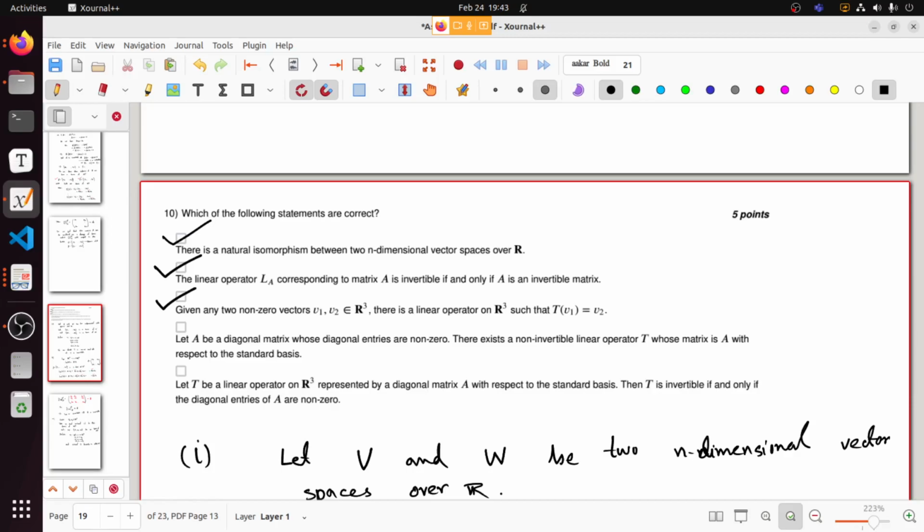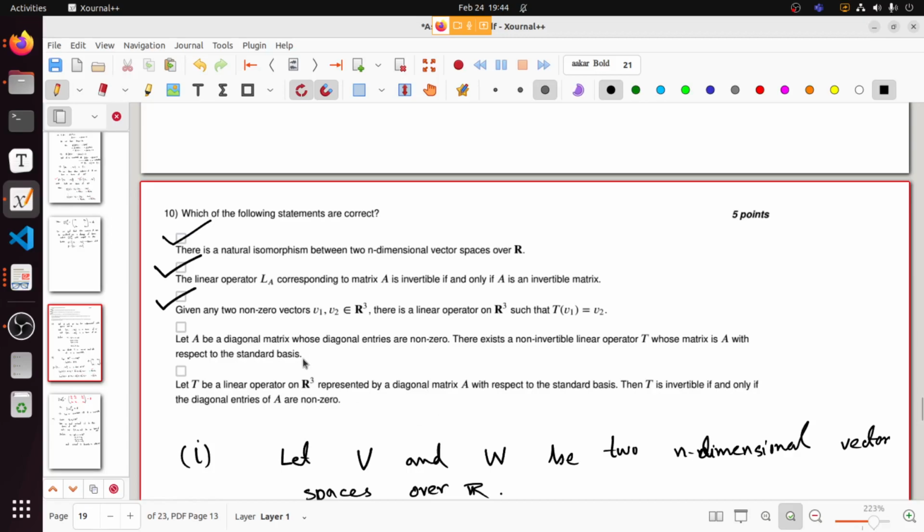Now move to option number 4. It's saying that given a diagonal matrix whose diagonal entries are non-zero, there exists a non-invertible linear operator T whose matrix is A with respect to the standard basis. Right.